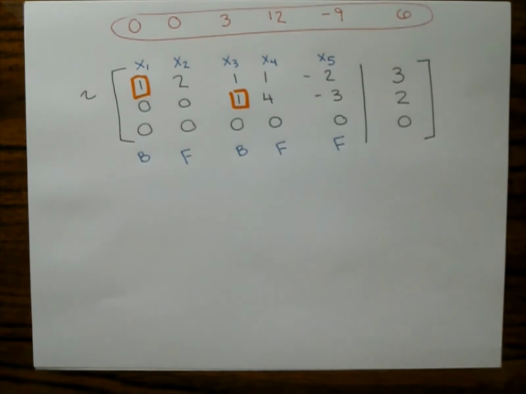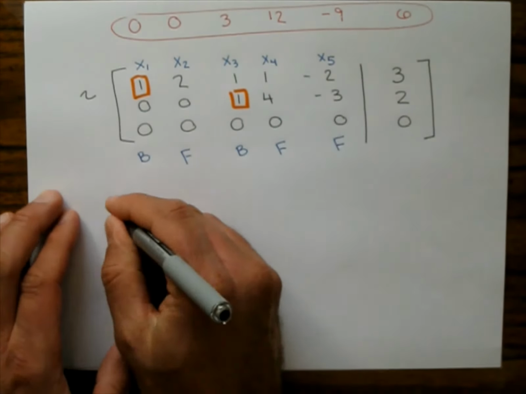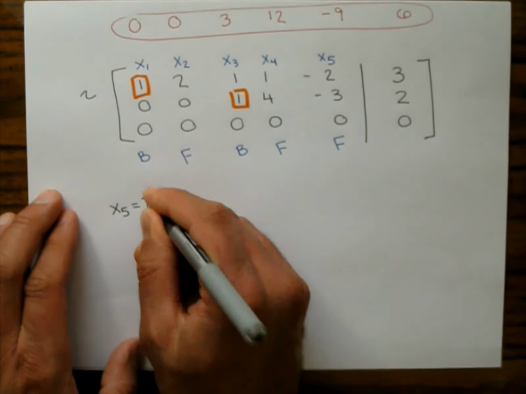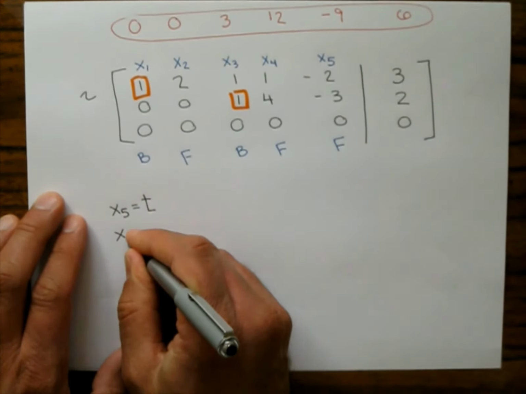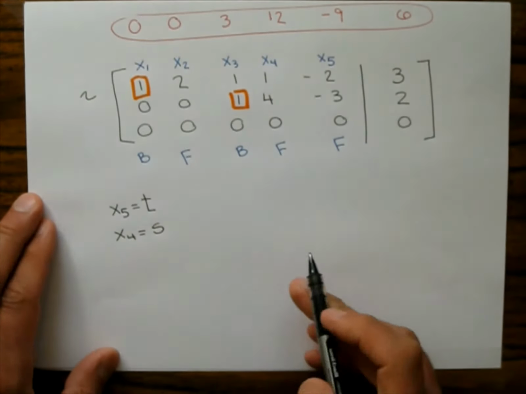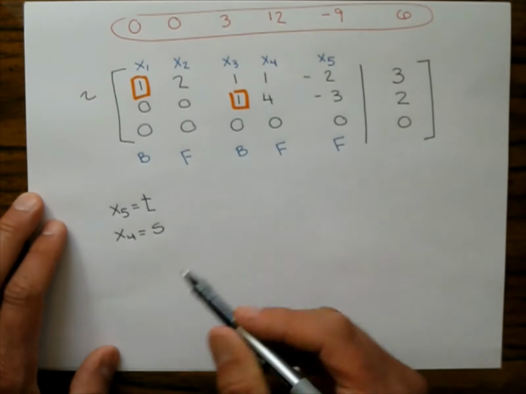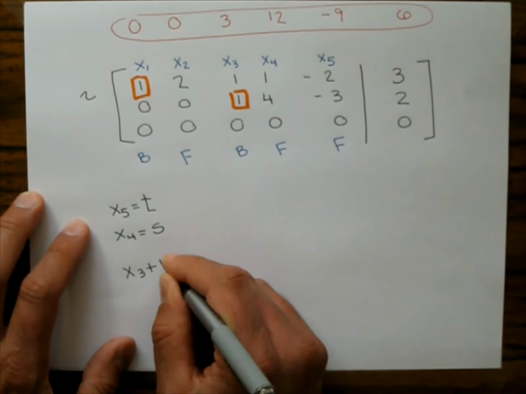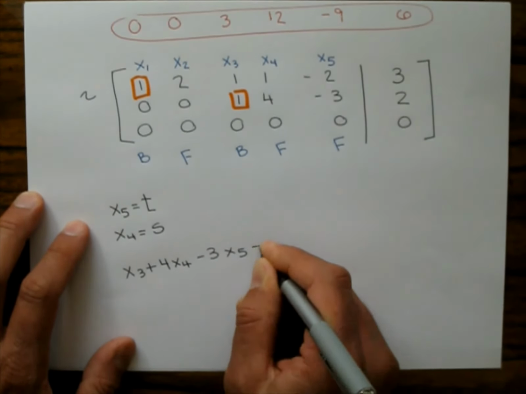So let's go ahead and write up the solution here. So x5 is going to be our first parameter. We'll say it's t. And then x4 is going to be our next parameter, which we need another parameter name, s. And then because x3 has a leading one, I'm going to write out the second equation, which says x3 plus 4x4 minus 3x5 is 2.